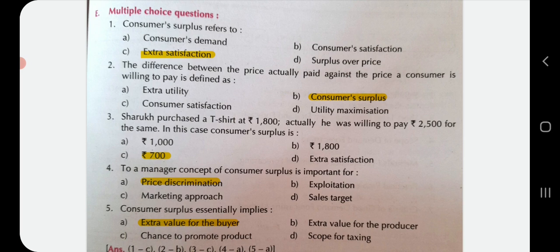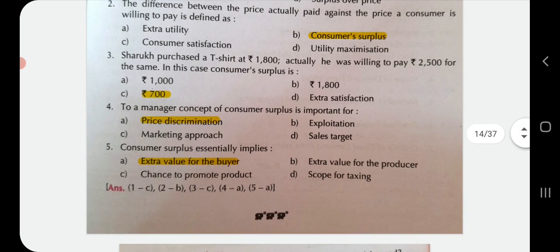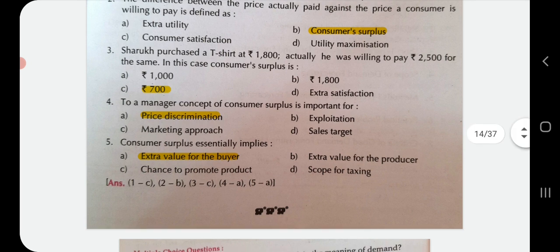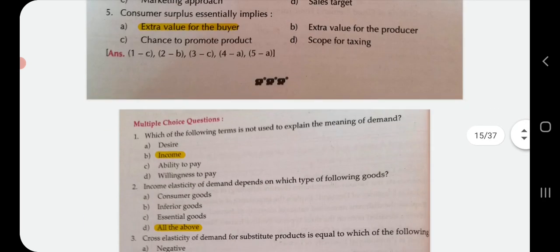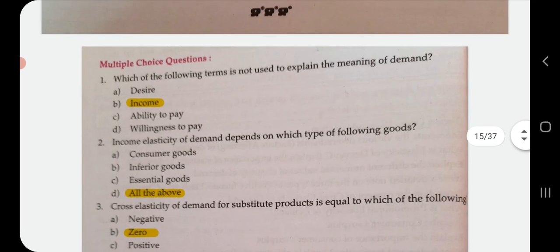Fourth question, to a manager, the concept of consumer surplus is important for, and the answer is price discrimination. Fifth question, the consumer surplus essentially implies dash dash, and the answer is extra value for the buyer. B is the correct option.